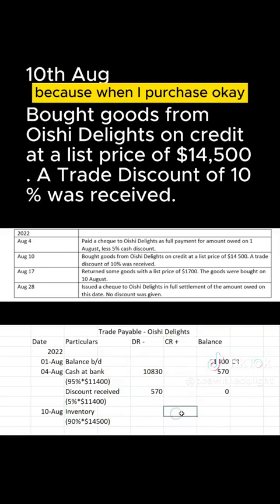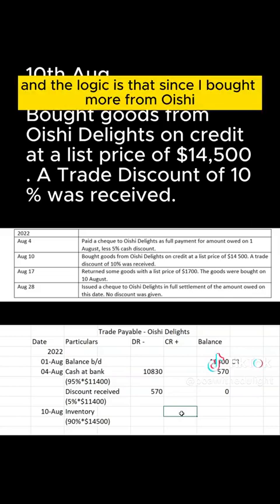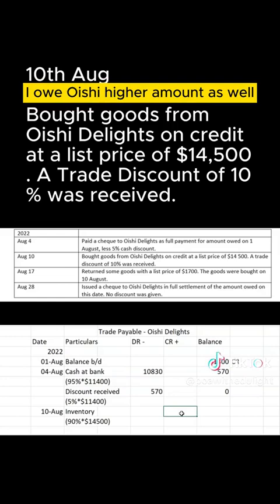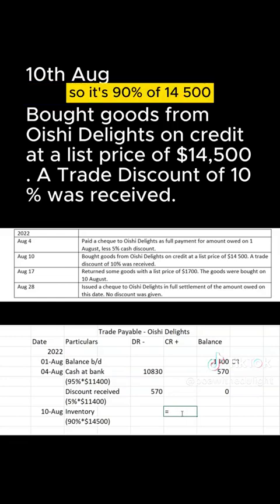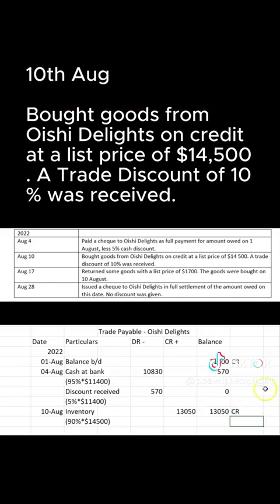When I purchase, I will debit inventory, credit trade payable. And the logic is that since I bought more from Oishi, I owe Oishi a higher amount as well. So it's 90% of 14,500, which gives me 13,050. That means my balance goes up by 13,050 credit.